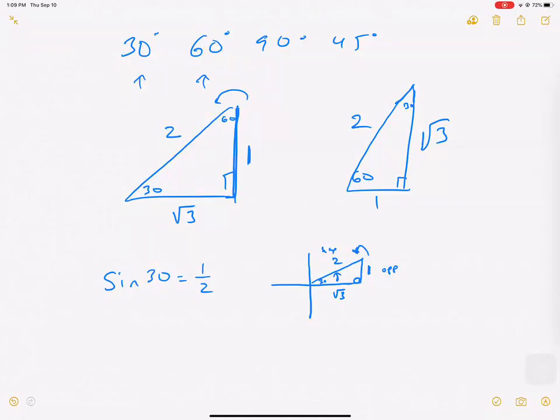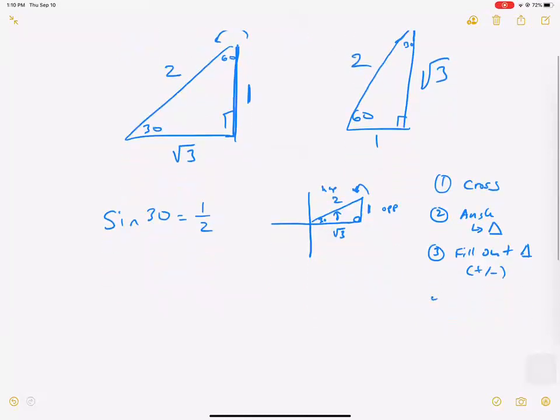So to find our sine, cosine, tangent for our easy triangles: step 1, draw a cross. Step 2, draw the angle, and then make the triangle. Step 3, fill out the triangle, and don't forget the positive and negative signs if you need them.